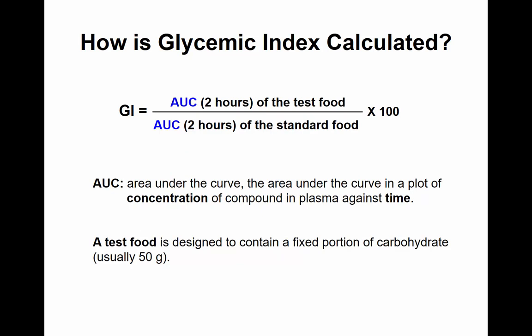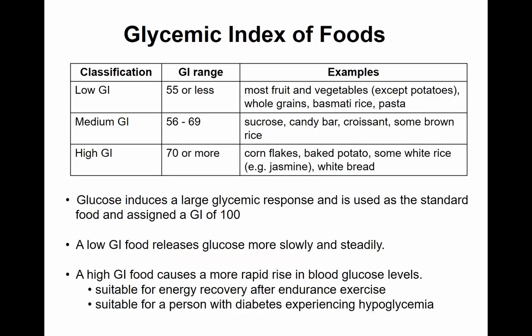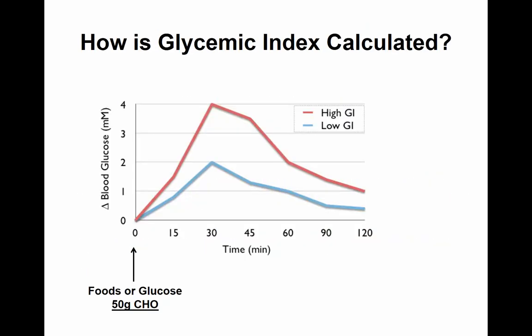And this is the equation. How do we calculate GI? GI is basically the area under the curve. You take the blood glucose level during the 2-hour period and calculate the area under the curve, and you compare two areas: one for the testing food, and the other for the standard food.